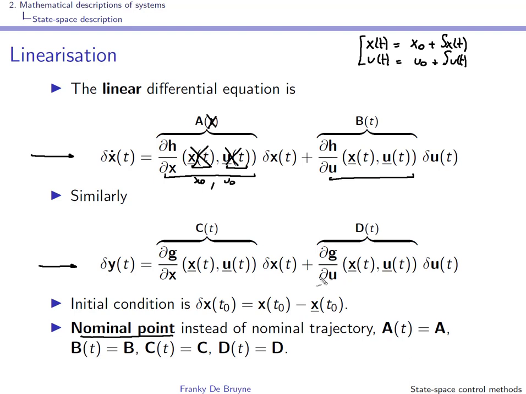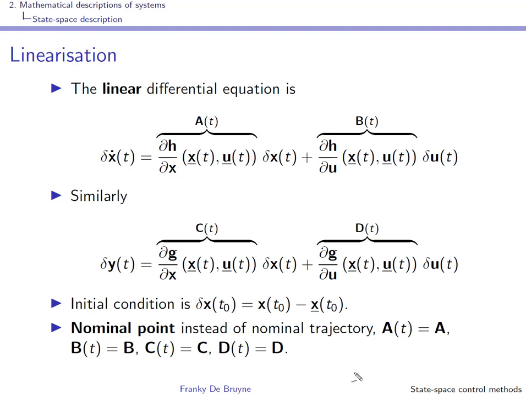And now you arrive at a linear state space description, but it is also time invariant. So the matrices A, B, C, and D are time invariant, and you obtain a linear state space description around the nominal working point.